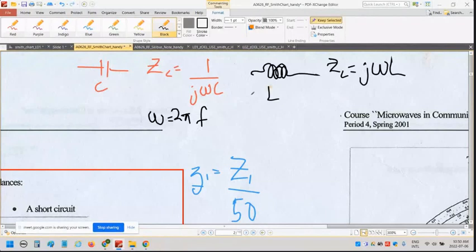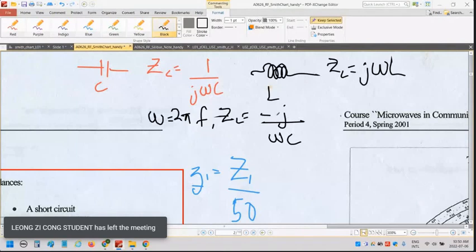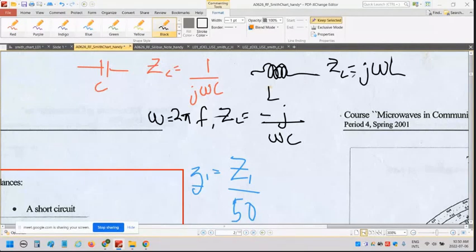Also ZC can be written as negative j over omega c. So for the capacitance we get a negative value, and for the inductor we get positive j.